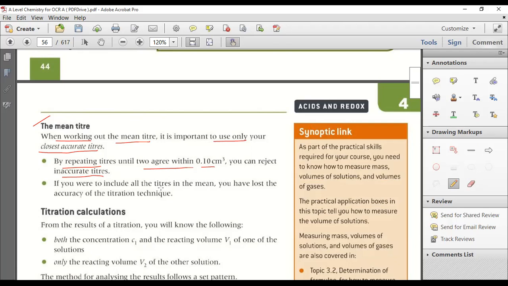So if you include those in the mean, then you have lost the accuracy in the titration technique, and this technique cannot be used. It is not like we can just take an average of these readings. Clear? Any doubt?